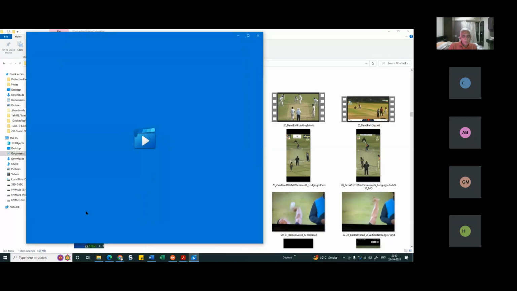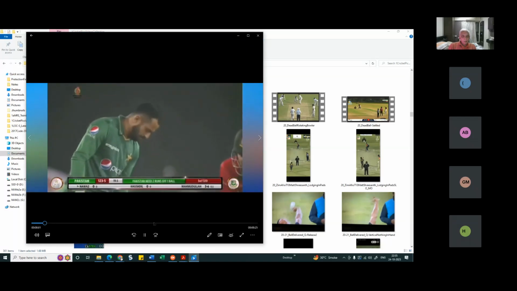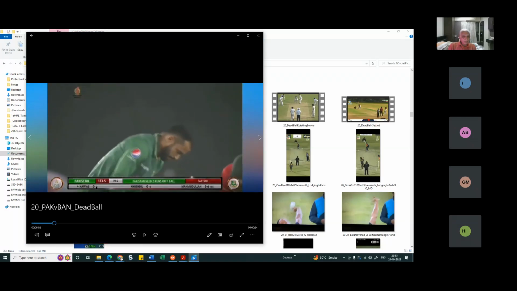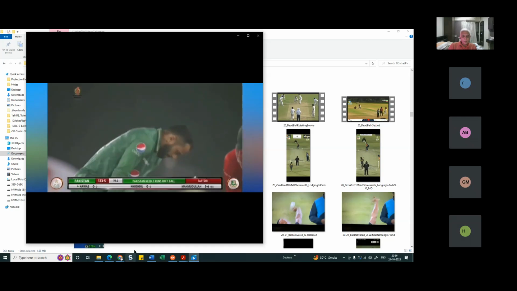Now look at this. This is 19.5 overs. Two runs off one ball, 19.5 overs. And this is what happened.